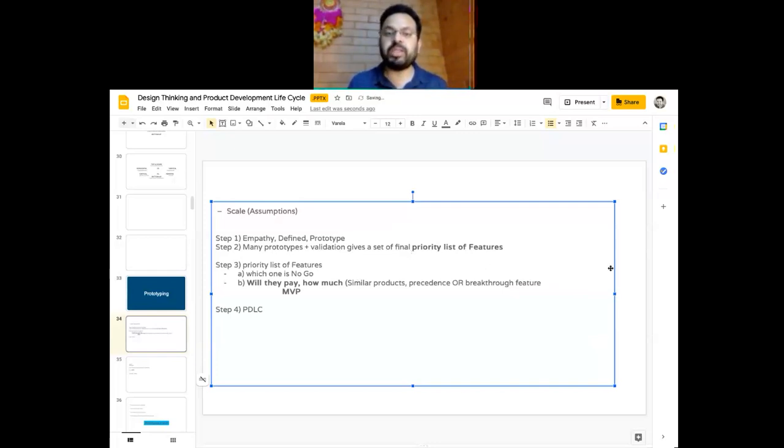And this breakthrough feature is not something that you merely think is a breakthrough, but a feature that does not exist anywhere, and you know for a fact with your design thinking process that it is going to give you a lot of revenue because people want it. Once you're clear about this, you go and build your MVP, which talks either about this breakthrough feature or the main problem.